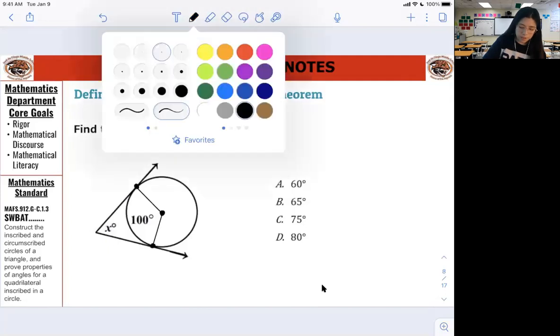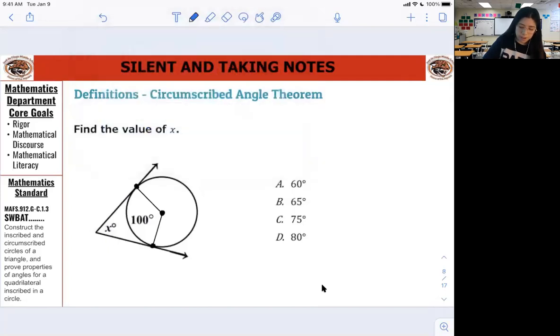And I know that x plus the central angle are going to be equal to 180. Well, if this arc is 100 degrees, how much is the central angle? Also 100 degrees. Let me give it a name.